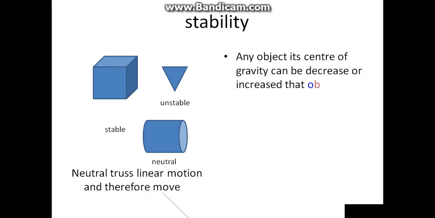A cube on the ground is stable. A triangle on its tip is unstable, while a rolling cylinder is neutral. Neutral objects tend to have linear motion and therefore move.